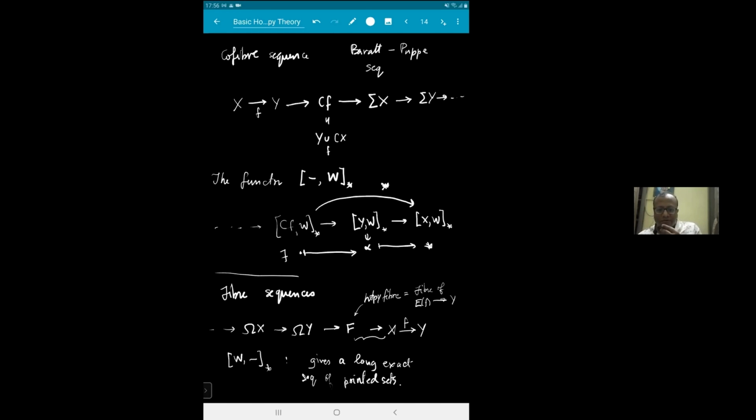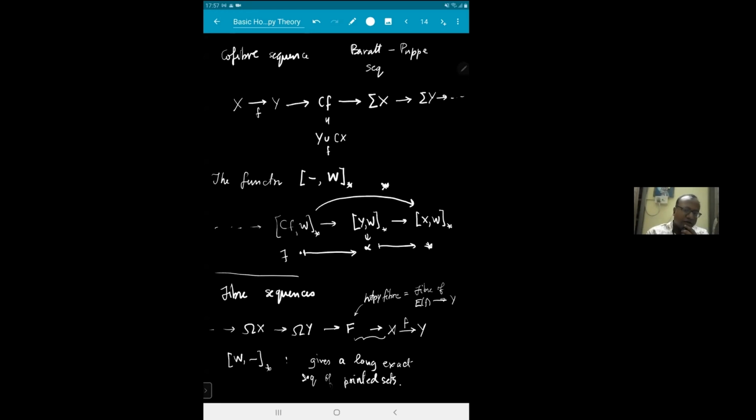The comment about applying cohomology to the cofiber sequence is that it gives you a long exact sequence. So it's basically the long exact sequence of cohomology of Y to cohomology of X, and the next one will be the cohomology of Y comma X, which is the reduced cohomology of the mapping cone.